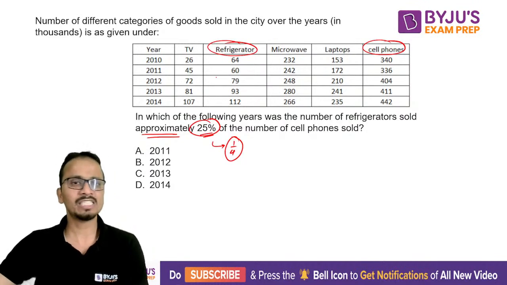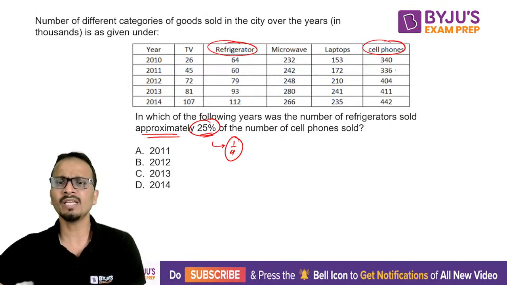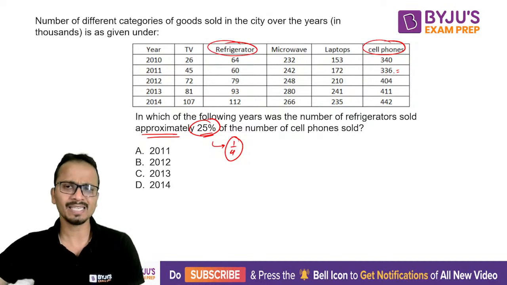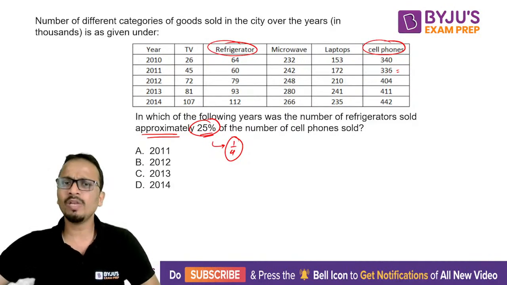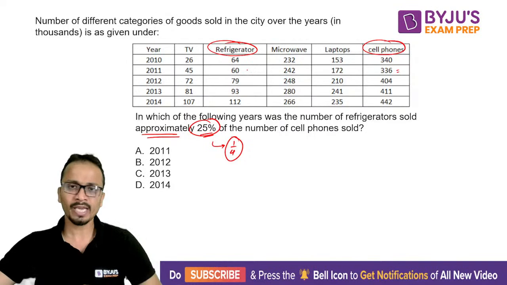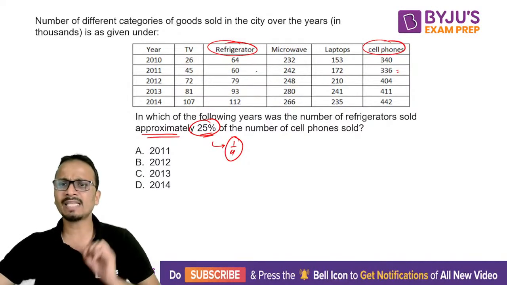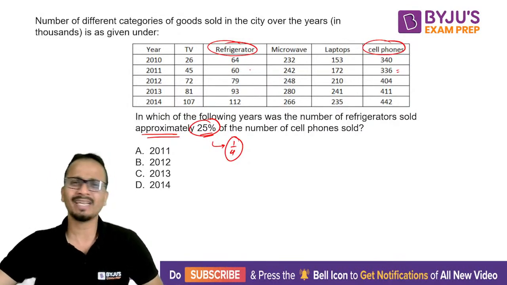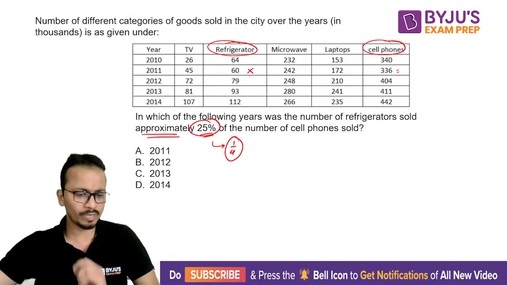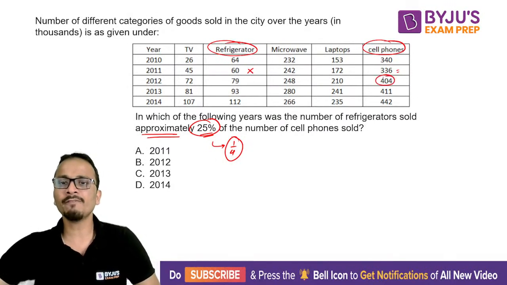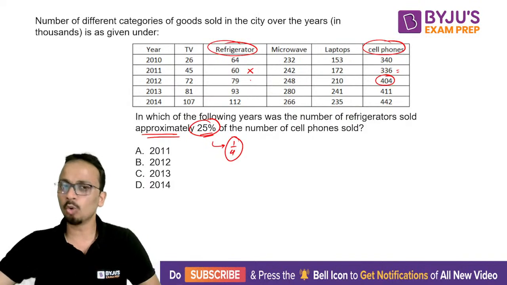All right, so I'll check each of the following years which are given in the options: 11, 12, 13, and 14. So in the year 11, cell phones is 336. Its one fourth will be more than 80. I'm not calculating the exact value of one fourth. If we calculate one fourth of 336, it will be more than 80, approximately. This value is 60, so it cannot be the answer. 404, its one fourth will be more than 100, precisely 101.